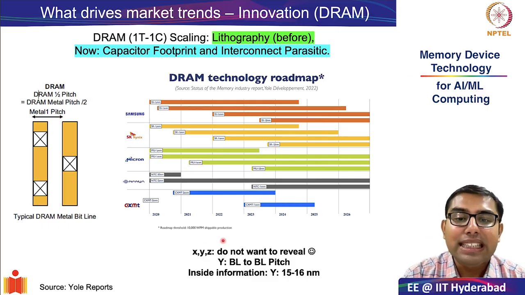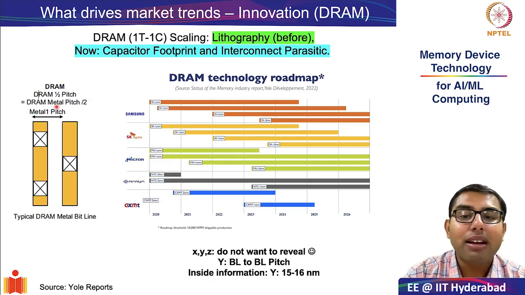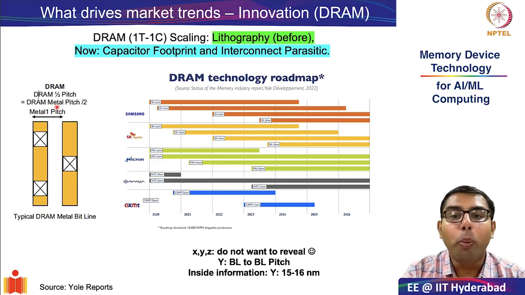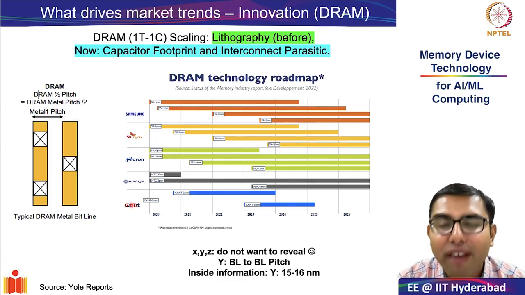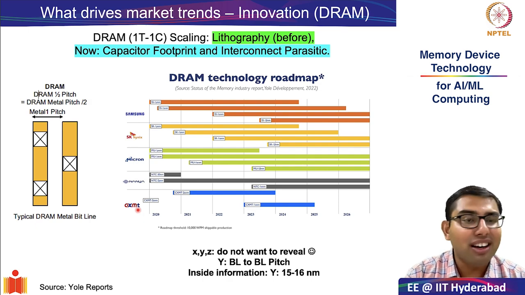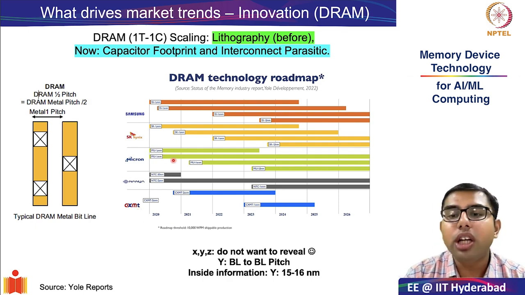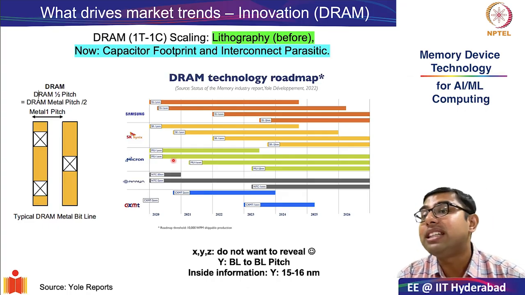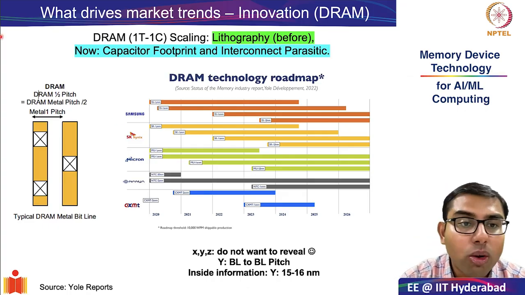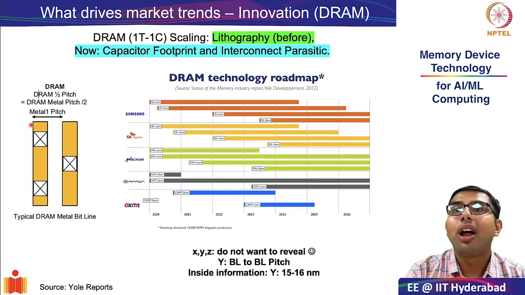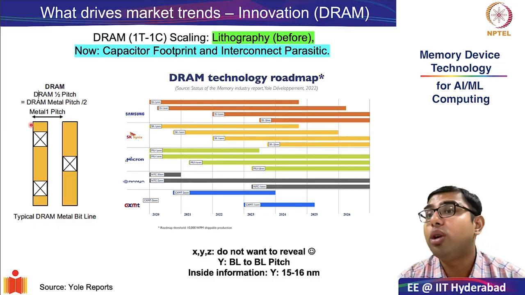As we know, these numbers are nothing but your metal half pitch or your distance between two bit lines. And I have heard from some of my friends in some company which I cannot reveal here, that the Y technology node is already in 15 to 16 nanometers. That means in the Y technology, the gap between two DRAM cells is only 15 to 16 nanometers.